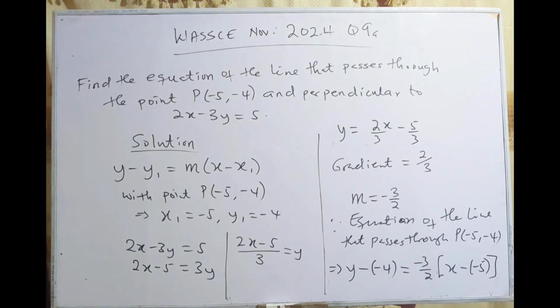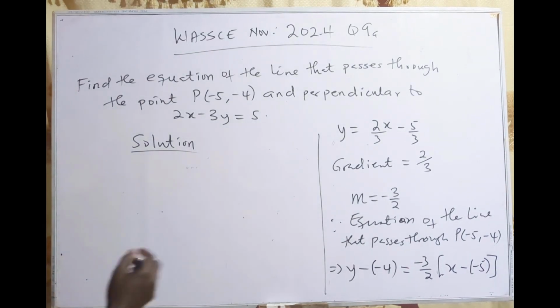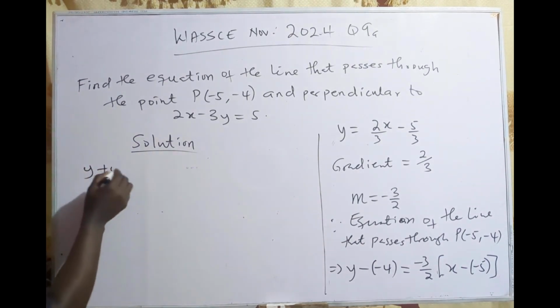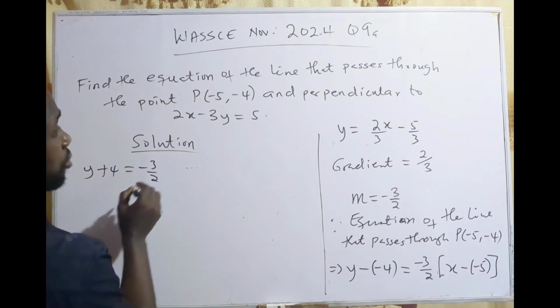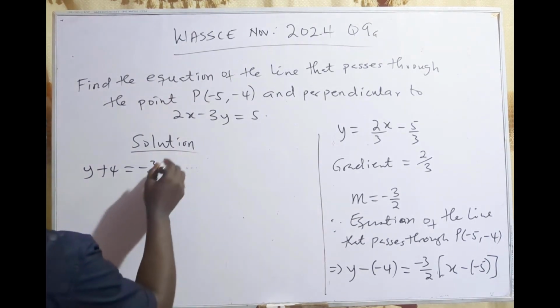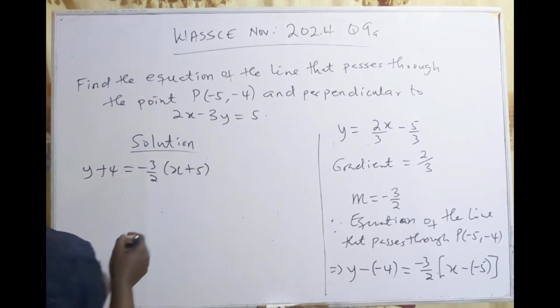So this is what we are going to have: y plus 4 equal to -3 on 2 times x plus 5.